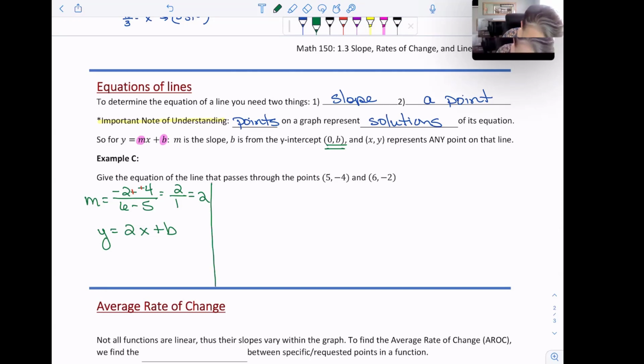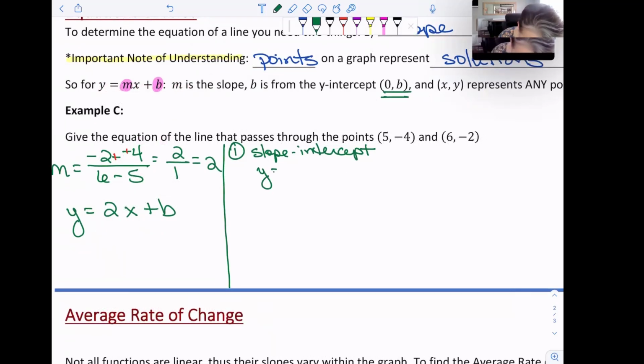Let's do it first using slope-intercept. So we have y equals 2x plus b, and we want to solve for b. Remember, x and y represent any point on the graph. So let's just use this first one, 5, negative 4. So negative 4 for y, 2 times 5, plus b.